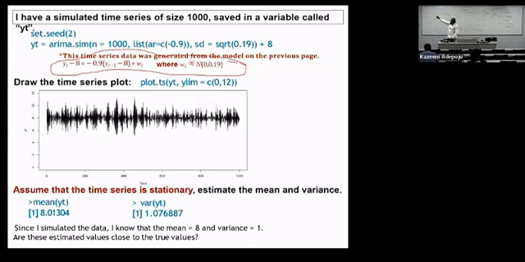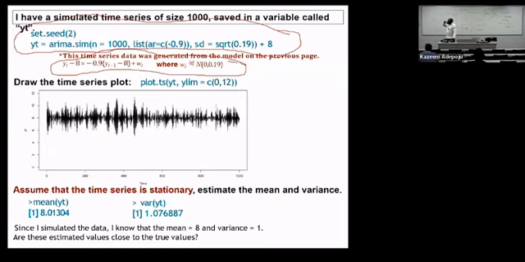Based on that model specification, this code here is a code in R to simulate 1,000 data points that have that very feature. Does that make sense now? And that's exactly what I'm doing.